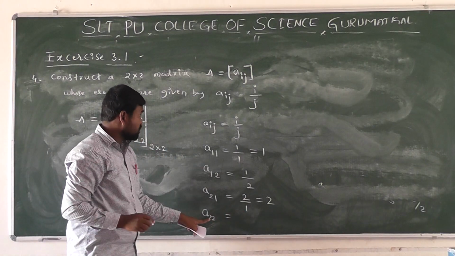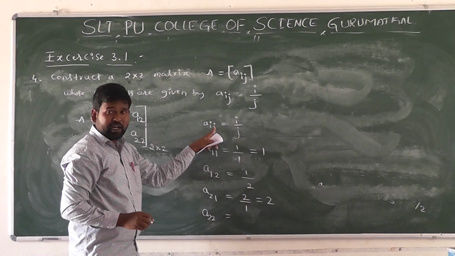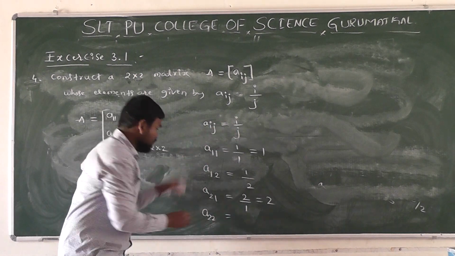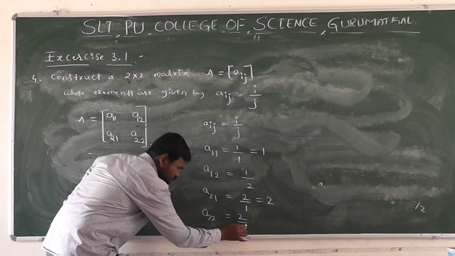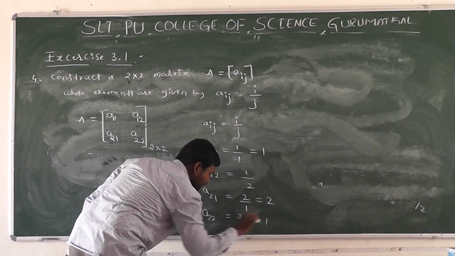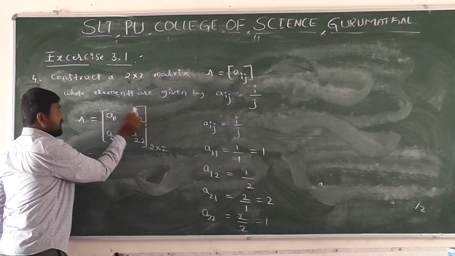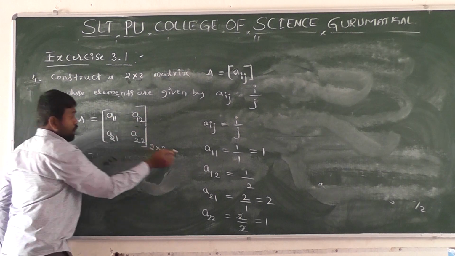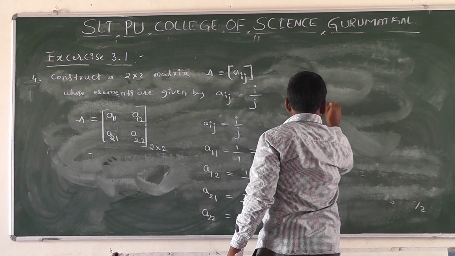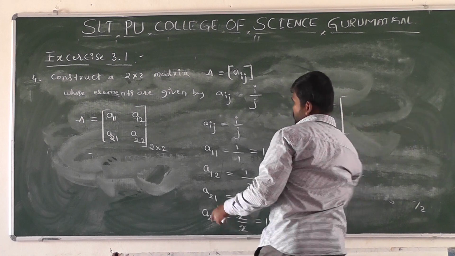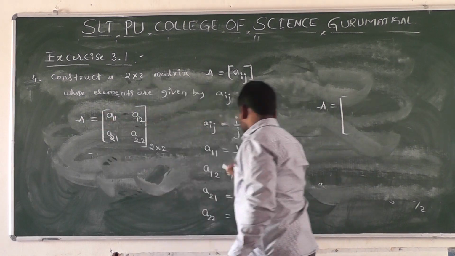Next this one, element A22, right? The row number is the second row and the column number is 2. In place of i we substitute 2 and in place of j also 2. 2 divided by 2 is nothing but 1, right? In the matrix, we replace and write these elements. Here A is equal to: what is the element of A11? First row, first column element 1.